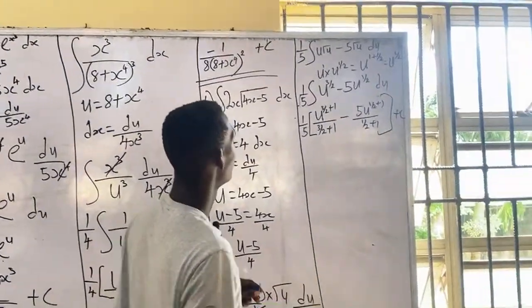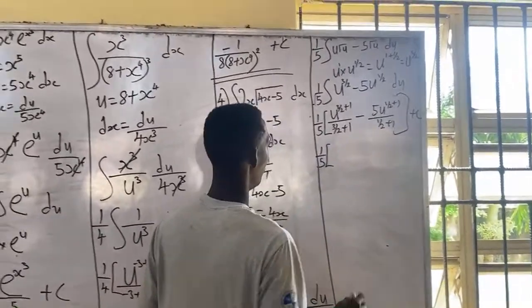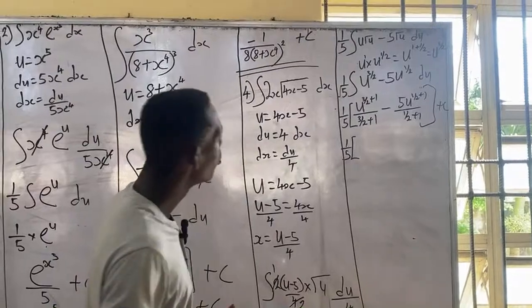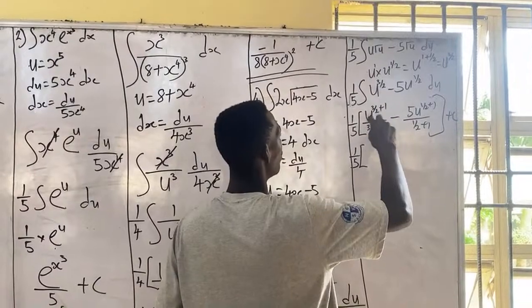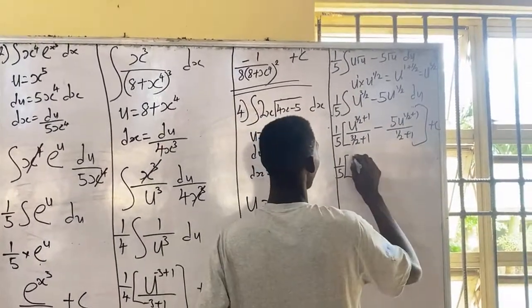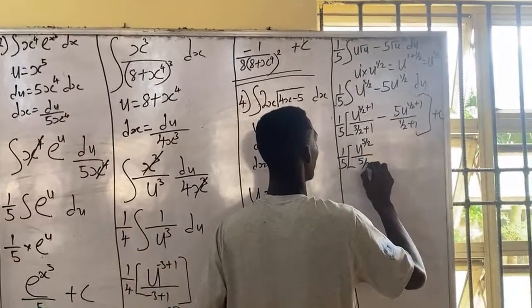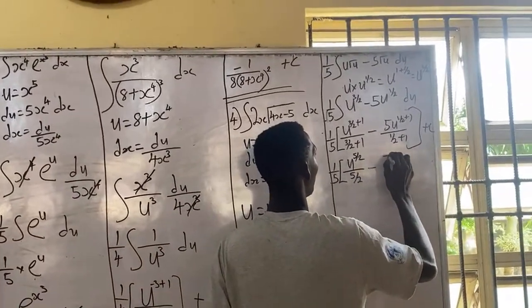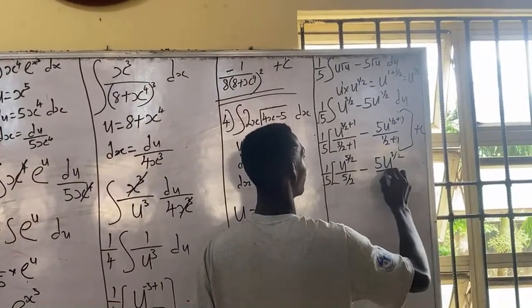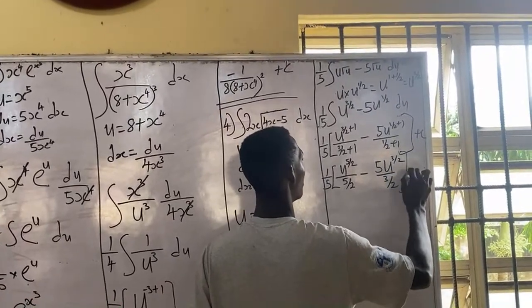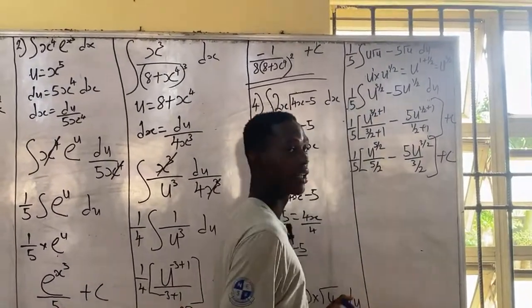Now what's next? 3 over 2 plus 1, using our LCM, will give us 5 over 2. So we can write this as u to the power of 5 over 2 over 5 over 2, minus 5 u to the power of half plus 1, which is 3 over 2, and this also gives us 3 over 2 below. Close brackets, and we can still put our c outside. Or you can choose not to put your c until you get to your final answer, and the choice is yours.